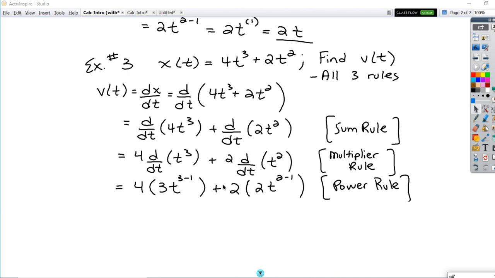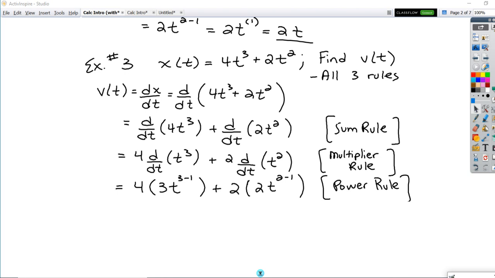Lastly, we use the power rule. We've already done the t squared, so we know that that's 2 times t to the 2 minus 1. If we do t cubed, the 3 comes out front. We have our t, and then we subtract the power by 1. So you have 3 minus 1. And then we simplify. Whatever we get once we simplify, that's the solution.